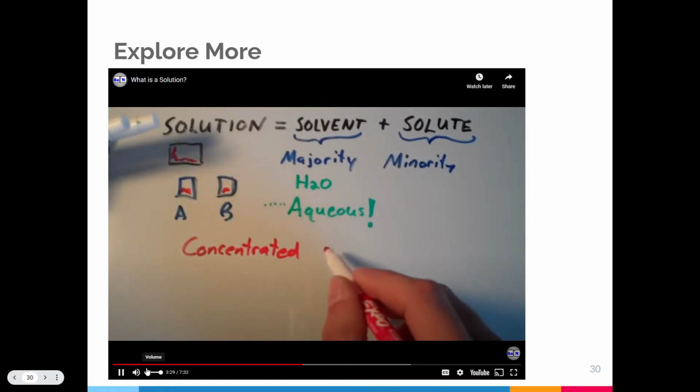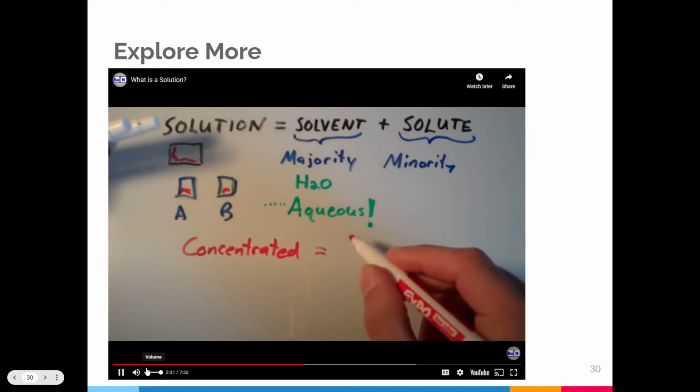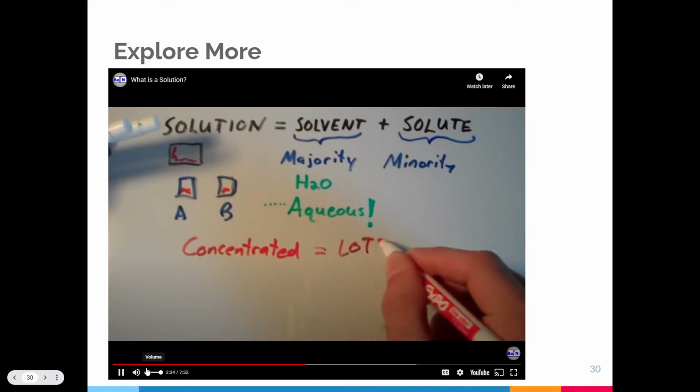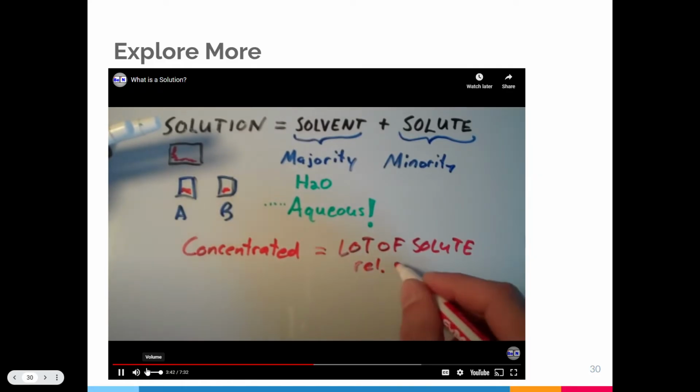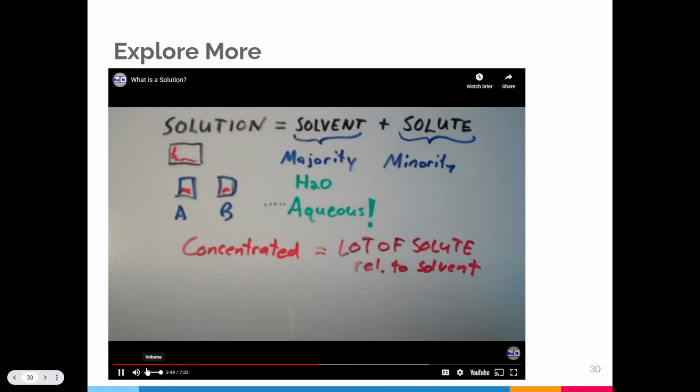If a solution is concentrated, that means we have a lot of solute relative to the solvent.